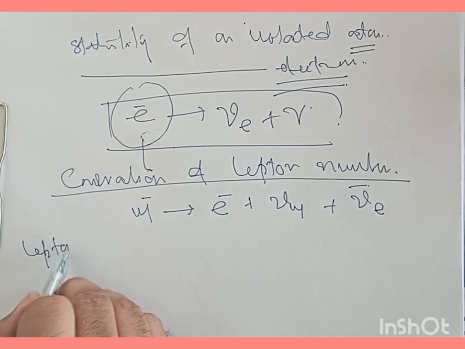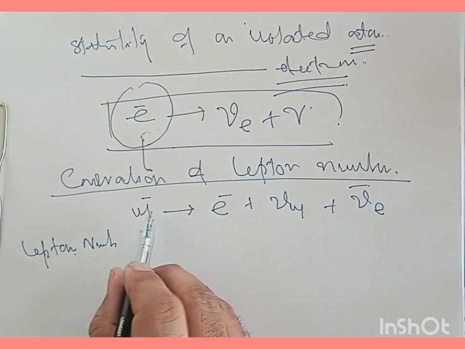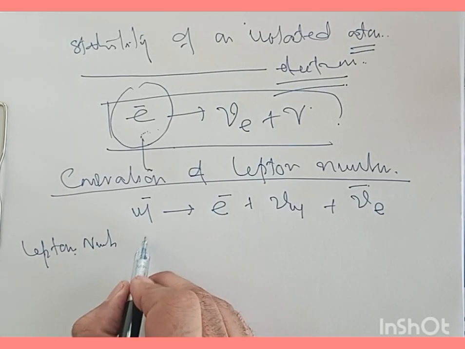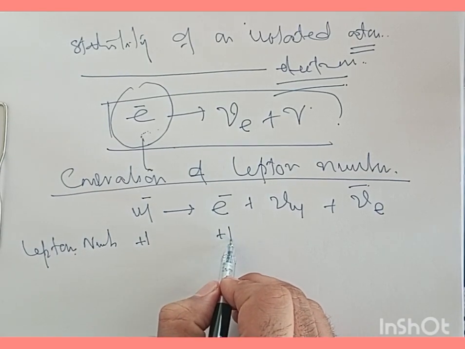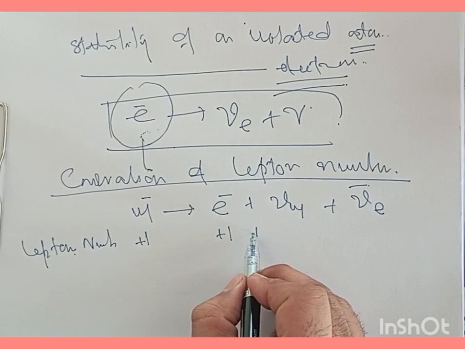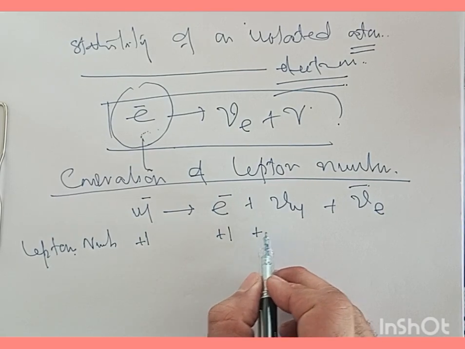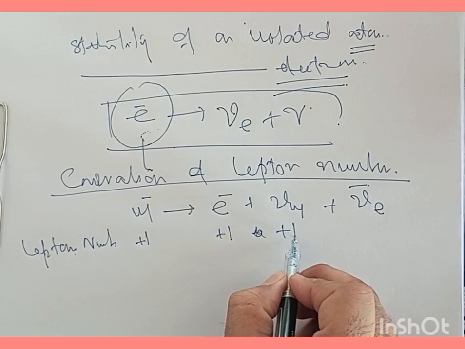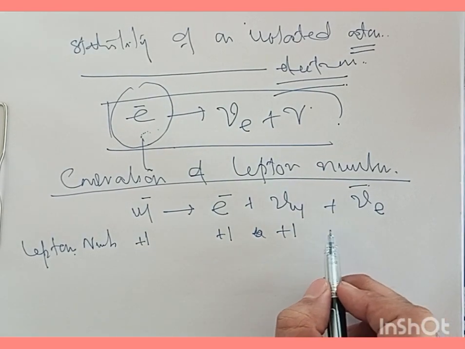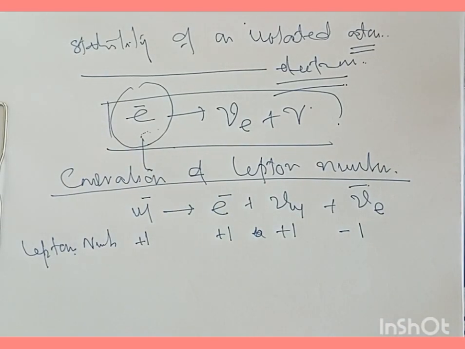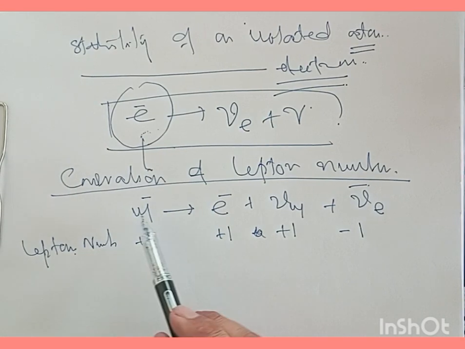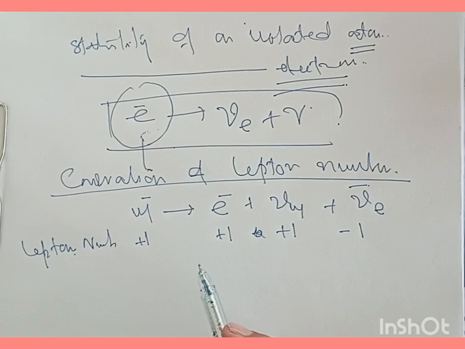For mu negative, we have the lepton number +1. For the electron, we have the lepton number +1. For the mu neutrino, we have the lepton number +1. And for the antineutrino, we have the lepton number -1. So we can see here that the lepton number is conserved, because on the left-hand side the lepton number is +1, and on the right-hand side the overall lepton number is +1.